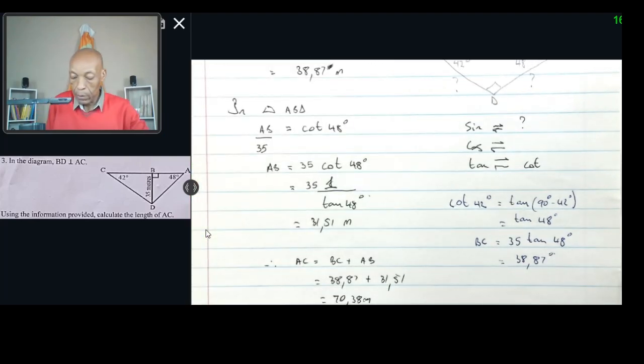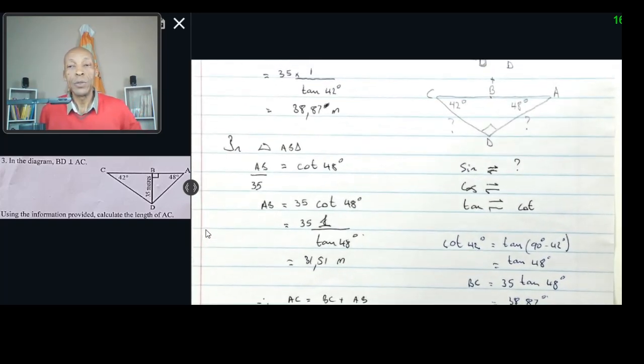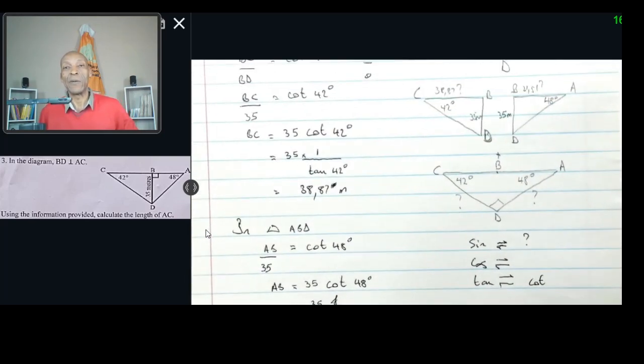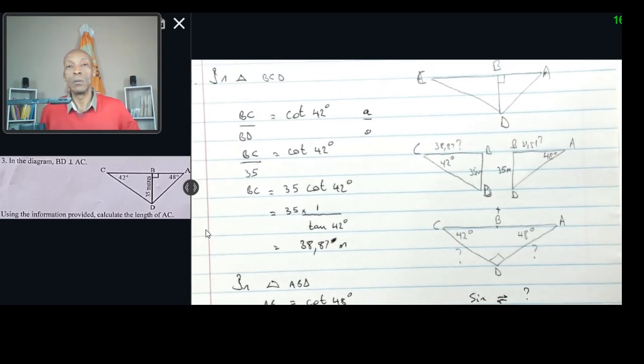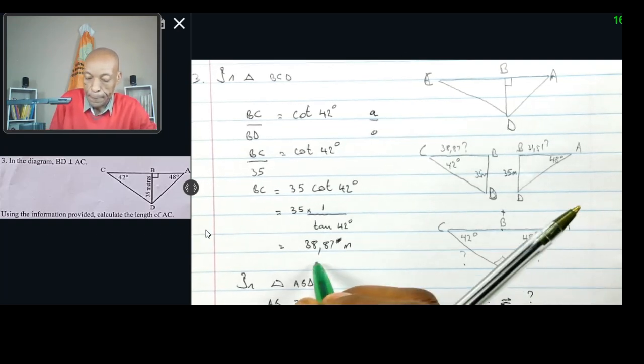So we have 38.87 when we use tan, and we use what? What do we call the angle that comes from a 90 and another one? Oh, it starts with a C. Go and check. Right, there it is, 38.87.